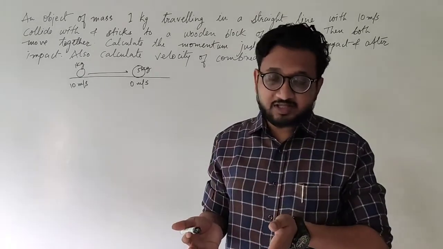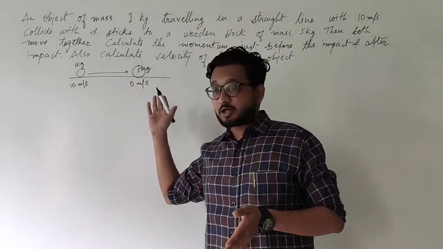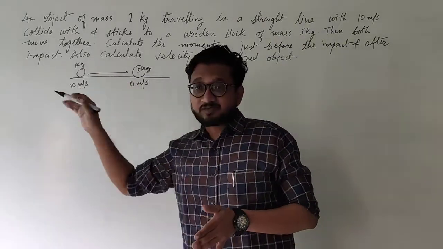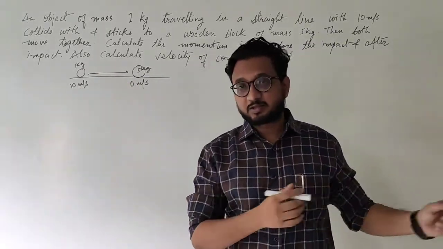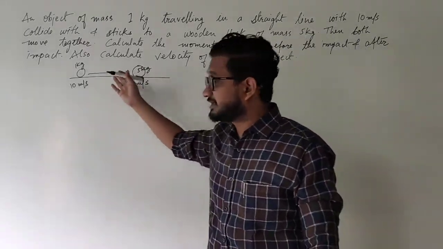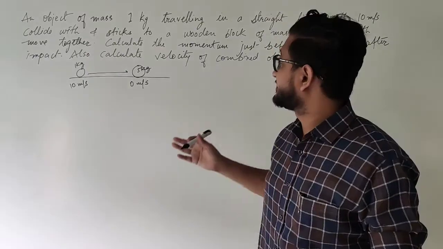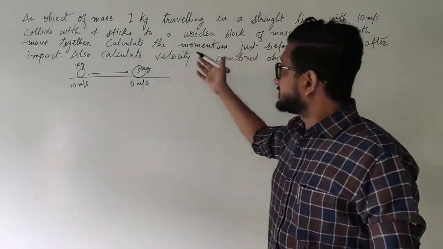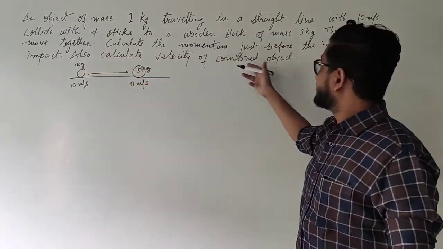So if we calculate the initial momentum for both of these objects, then we can find the total momentum of the system, which is exactly equal to the final momentum. So there is no need to calculate separate final momentum. You just calculate the initial momentum and then you can find the final momentum with the help of the first one.